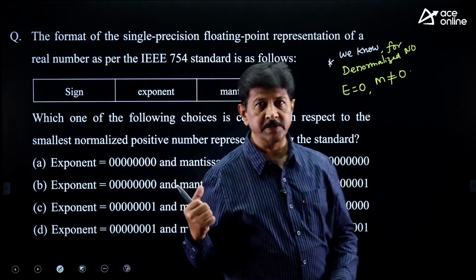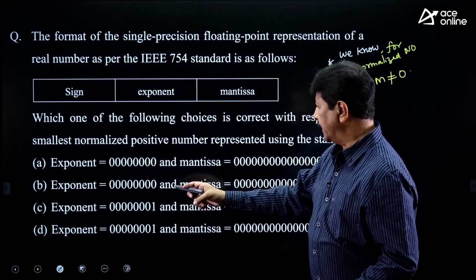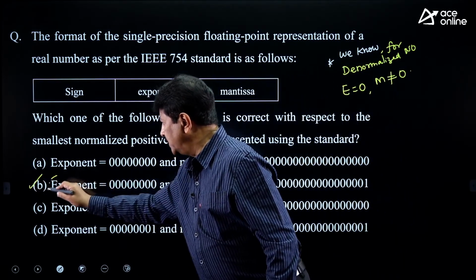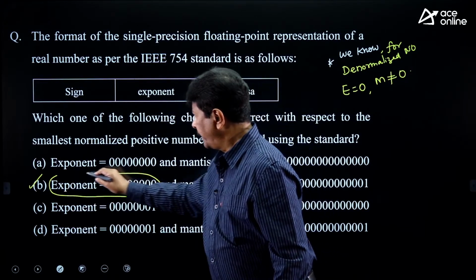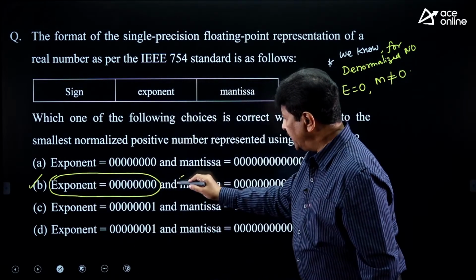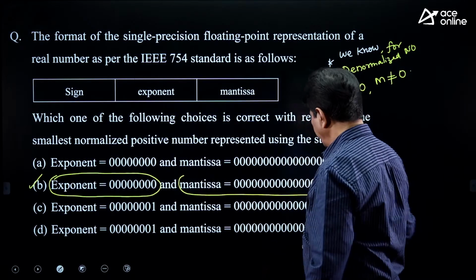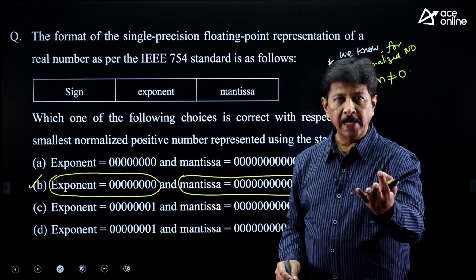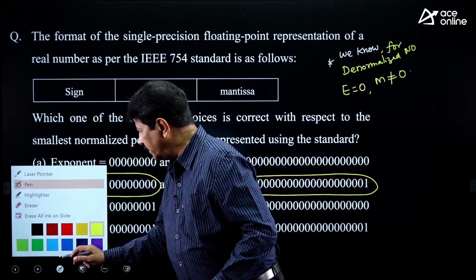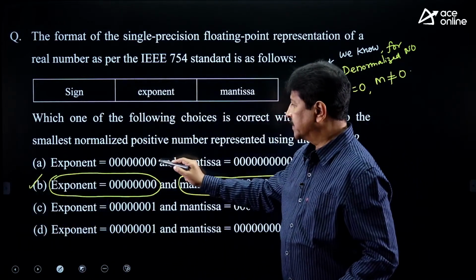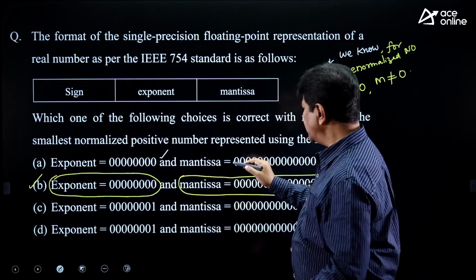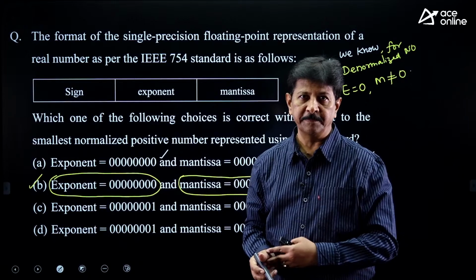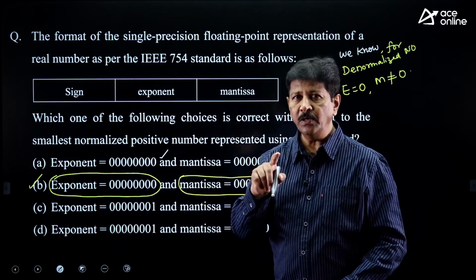So among the 4 options, which is the right one? You can see the B option is the correct one. Look at this. Exponent here is 0, and then the mantissa is not equal to 0. So this is the right answer. Just for your help, I will tell you what the other options indicate. Exponent is 0, mantissa is also 0: either plus 0 or minus 0.